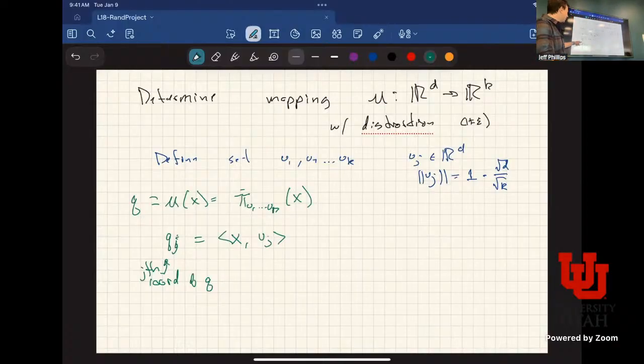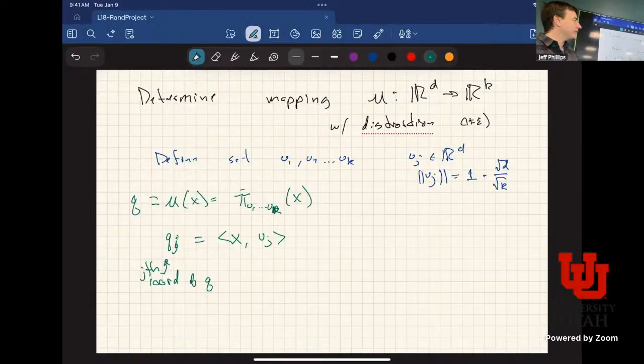Okay, so this is the jth coordinate of this vector Q, and I'm going to have K of these vectors, U1 through UK, and each dot product is going to give me one of the coordinates.